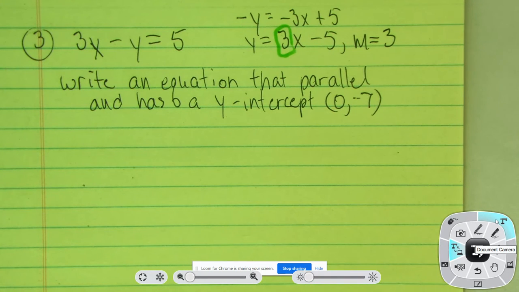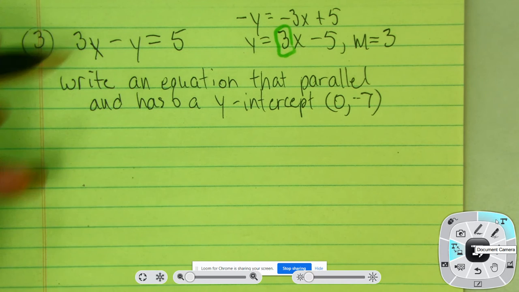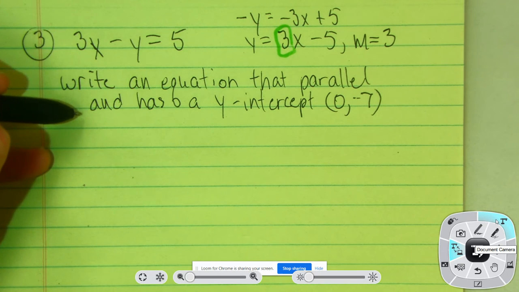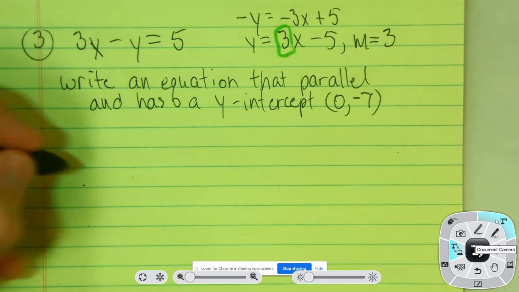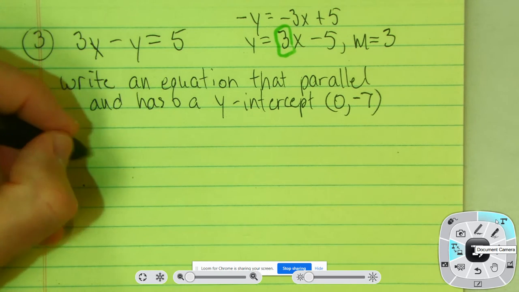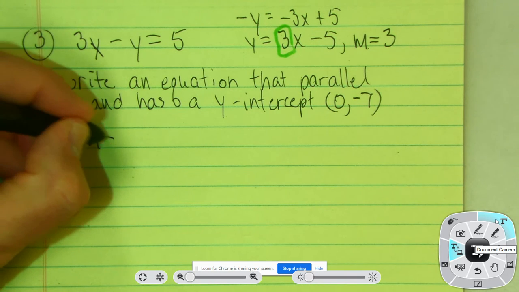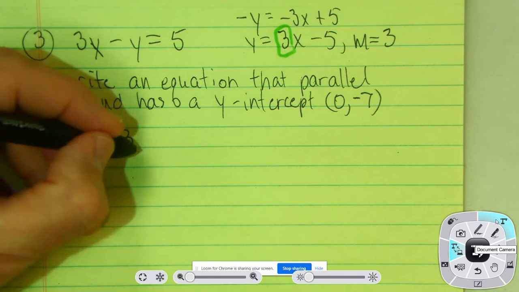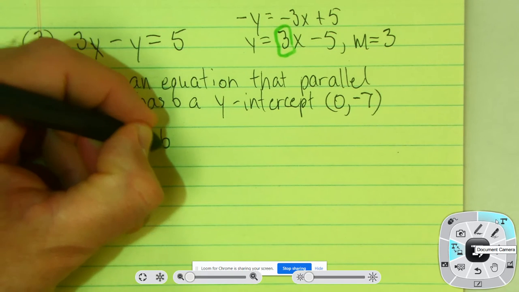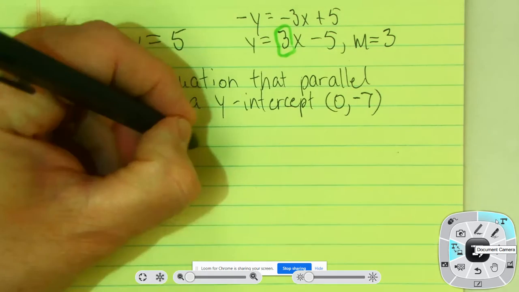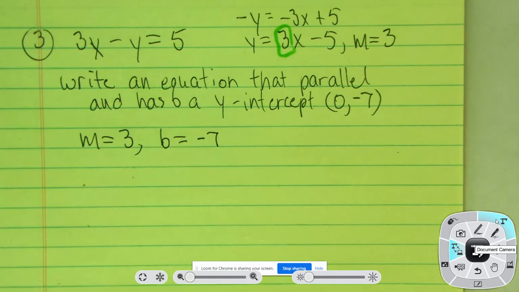So if I want to write an equation of a line that's parallel to this line and has a y-intercept of (0, -7), I have to remember there's only two things I need to write an equation. I need a slope, a constant rate of change, and I need a y-intercept, (0, -7), so my y-intercept is -7.